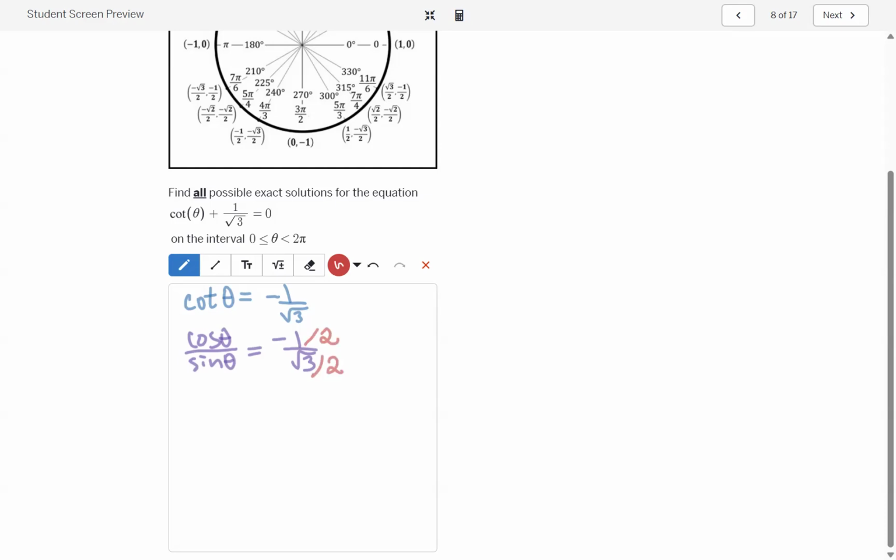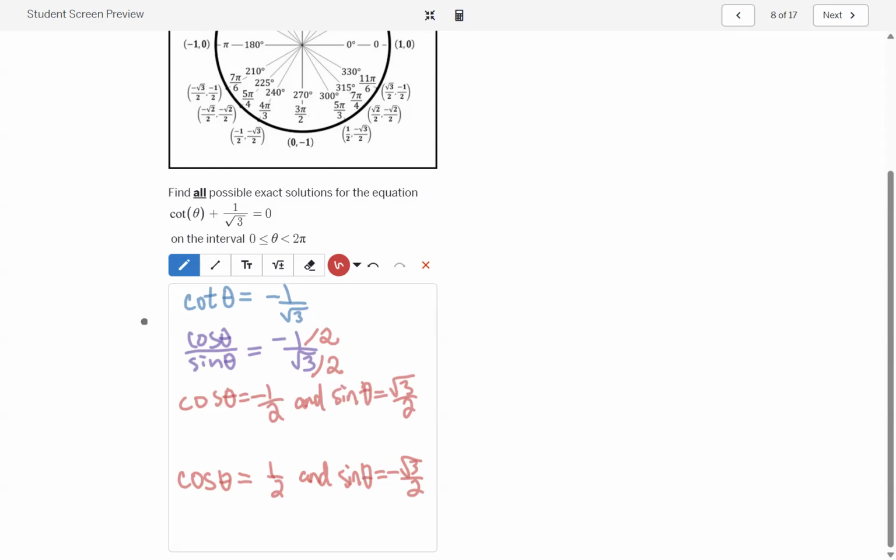So now we can see this is saying, when is the cosine negative 1/2 and the sine is square root of 3 over 2? Or I could move the negative, so I could have a cosine of positive 1/2 and a sine of negative square root of 3 over 2.